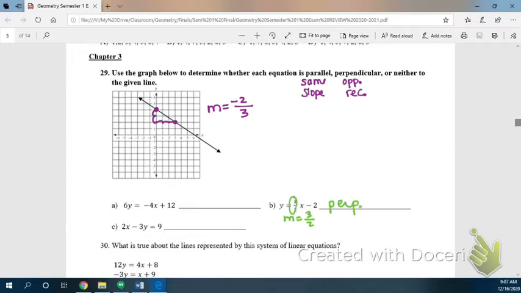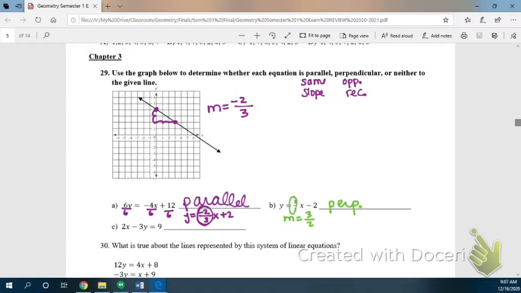For the next one, let's see. We've got to get these to be y equals mx plus b. So I'm going to divide by 6 on this. When I divide by 6, I have y equals negative 2/3 x plus 2. When I look at that fraction, negative 2/3, it's exactly the same as the one in the picture. So that would be the same slope, which means it is parallel.